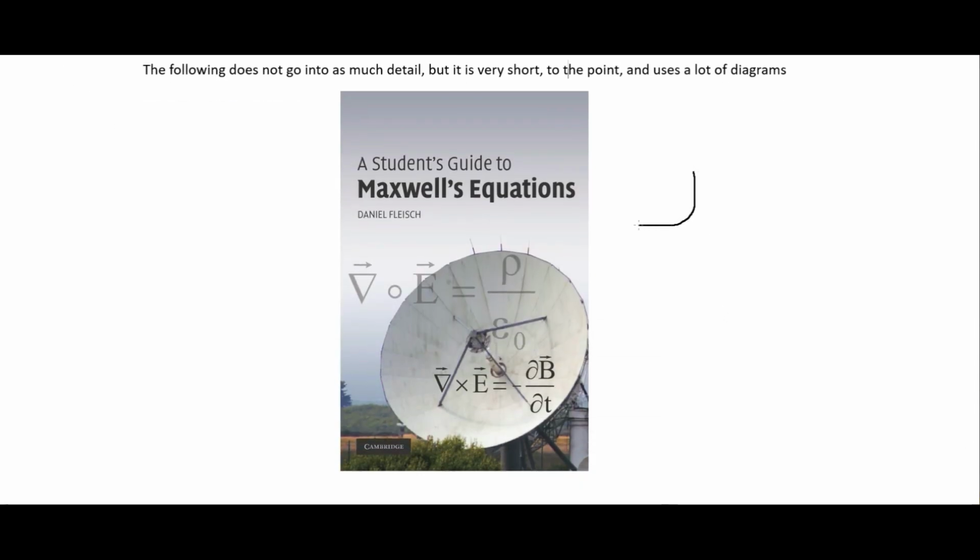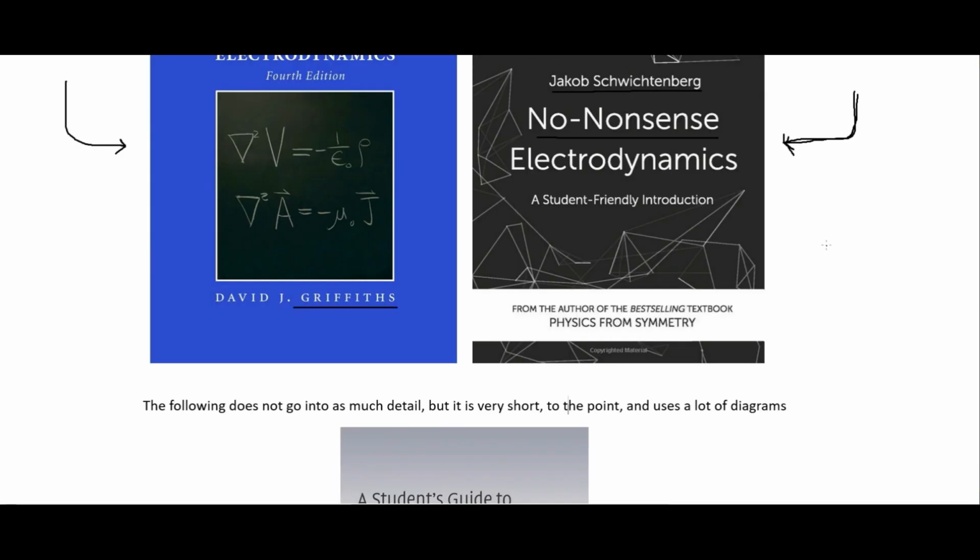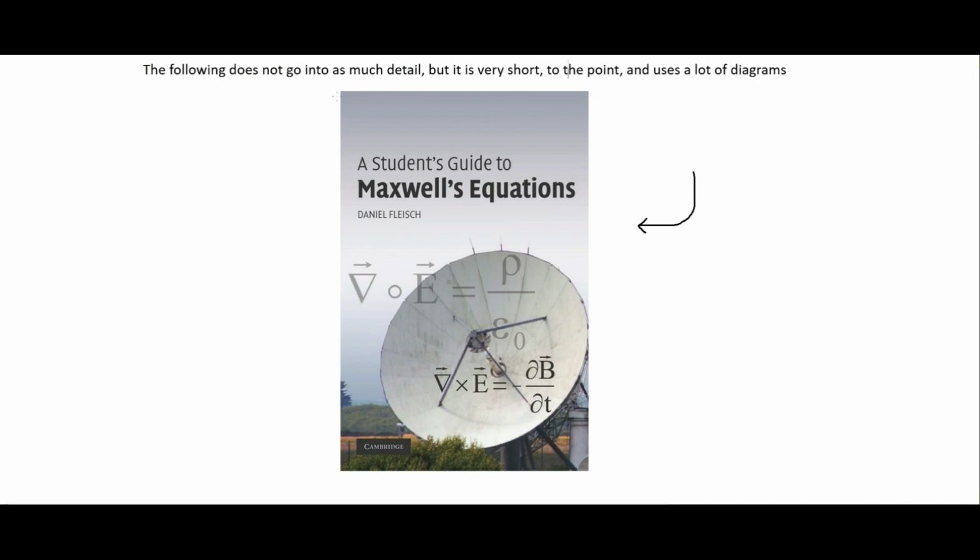So this is of the Student's Guide to series, and this is about Maxwell's equations. It's even less detailed than this one right here, but it's a very short read. It's to the point, and it uses a lot of diagrams. These students' guidebooks are all pretty good, but I especially like the ones that Daniel Fleisch authors.